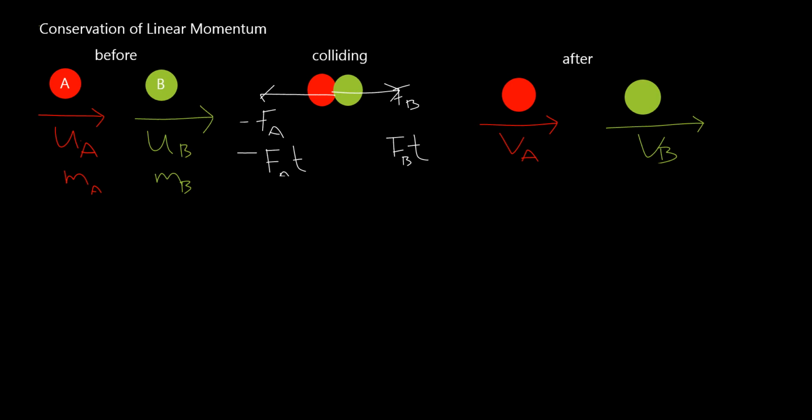Now, returning to the collision, what we know is that minus F of A is equal to F of B. This is just Newton's third law, equal and opposite forces.